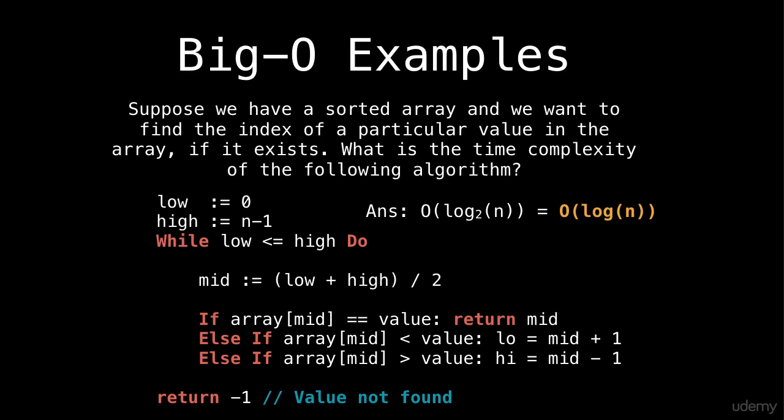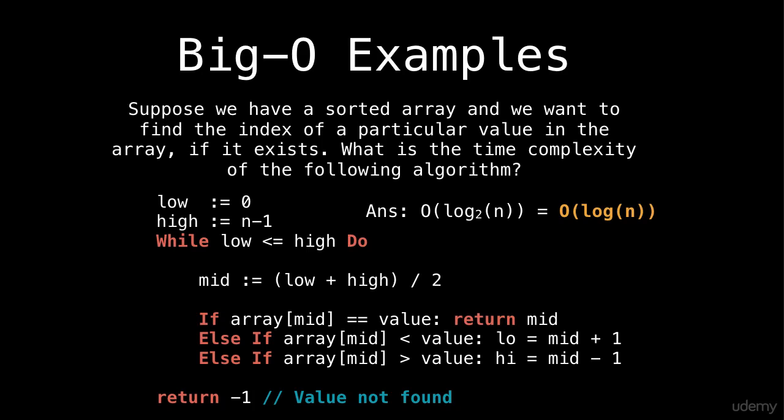Now let's look at perhaps a more complicated example. Earlier you may have been wondering, how do we ever get these logarithmic or linearithmic time complexities? So here's a classic algorithm, binary search, which yields a logarithmic time complexity.